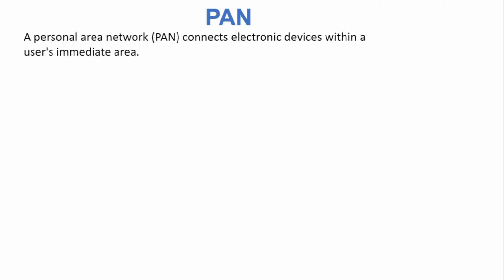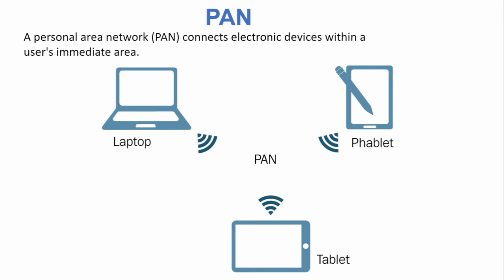Now let's talk about PAN. PAN, or personal area network, connects electronic devices within a user's immediate area. This is an example of a PAN. PAN uses wireless technology such as Bluetooth, infrared, or near field communication, which is abbreviated as NFC.